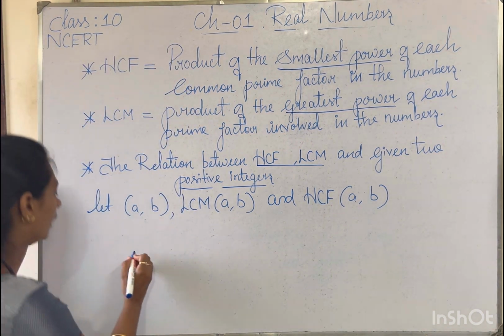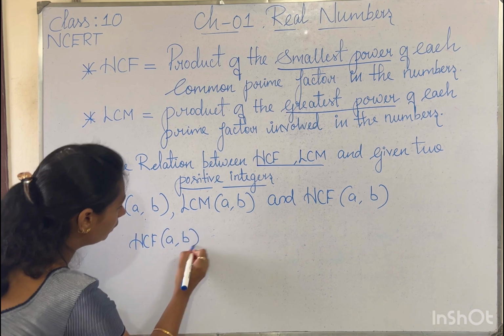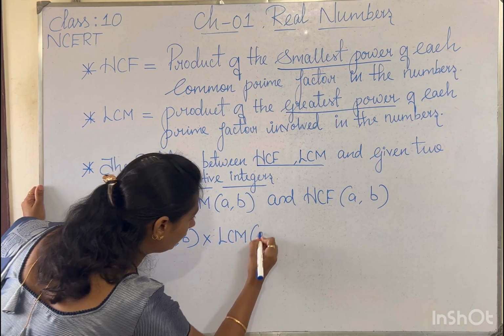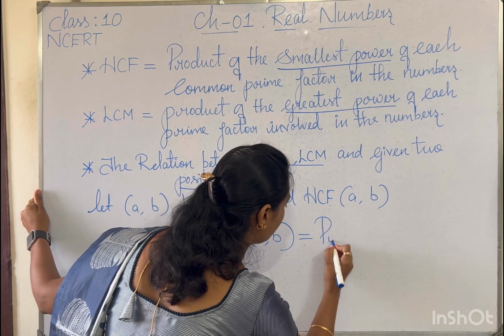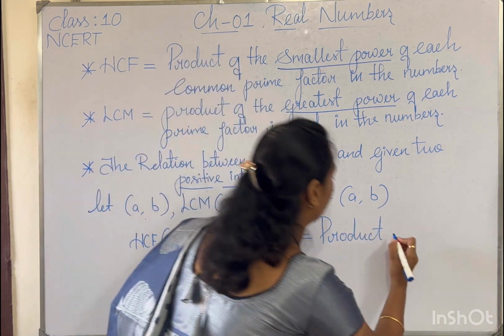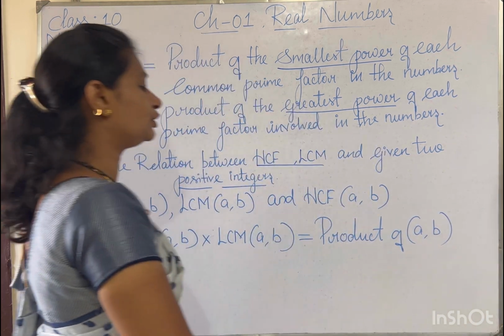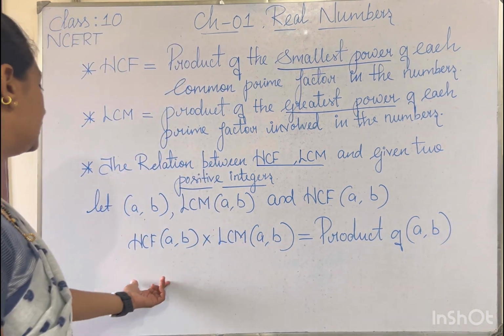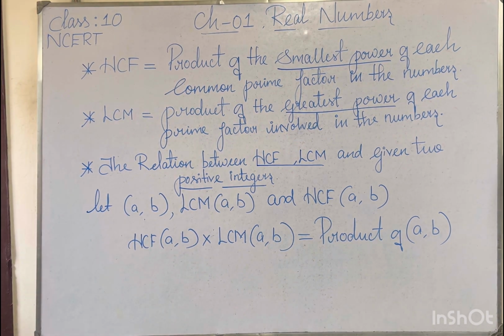That is, HCF of a, b into LCM of a, b is equal to the product of the given two positive integers. This is the relationship between the given two positive integers a, b: HCF into LCM equals the product of the two numbers a, b.